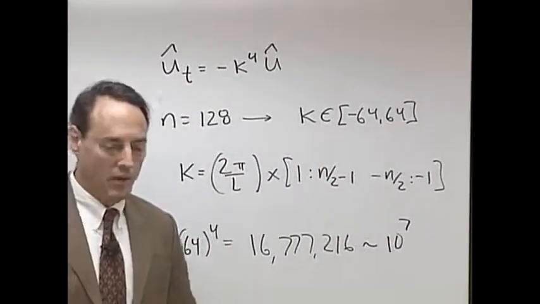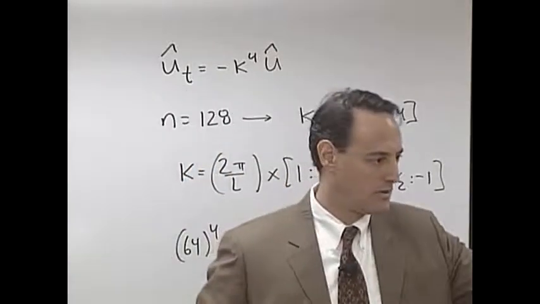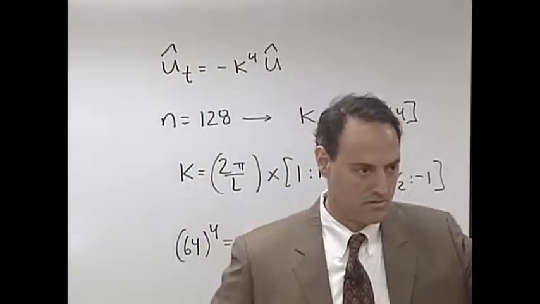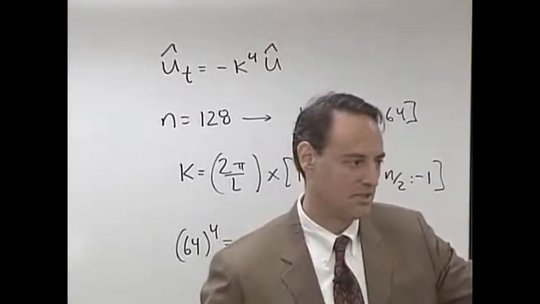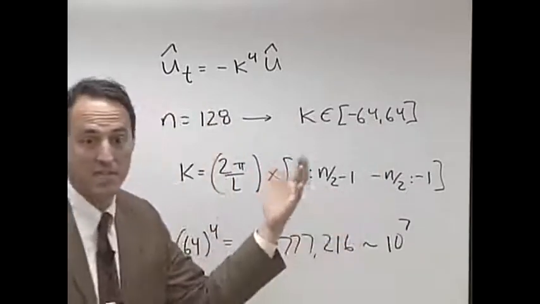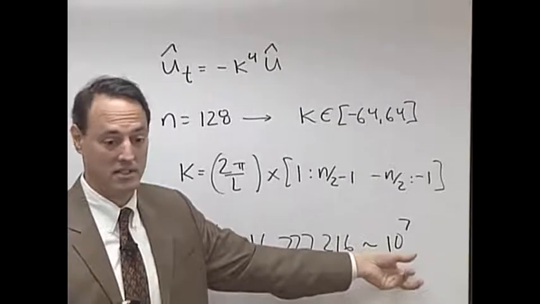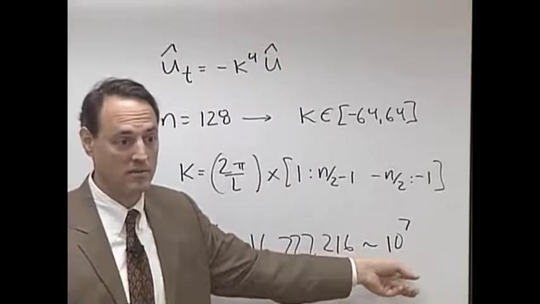Big deal? Well, here's the big deal about it. Out there on those Fourier modes, even if my solution is pretty small, let's say my Fourier coefficient is 10 to the minus 6 or something like that, that's pretty small, but now I'm multiplying it by this number, 10 to the 7. It's no longer small.